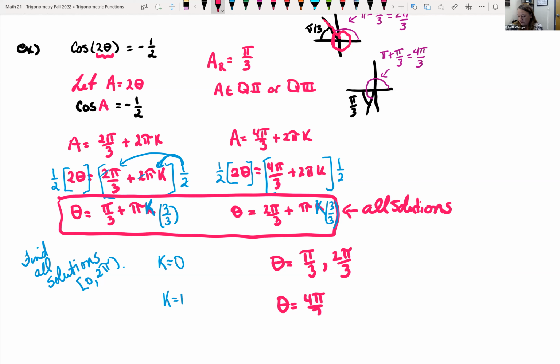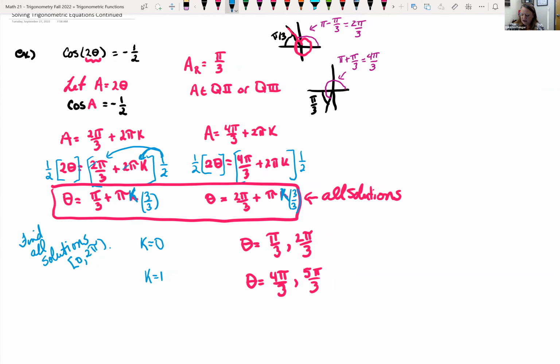I notice 4 pi thirds, that's between 0 and 2 pi. I notice when my numerator, that number in front of pi, is bigger than 6, that's going to get me greater than 2 pi. So plugging in 1 into the second equation, we have 3 pi thirds plus 2 pi thirds, which is 5 pi thirds.